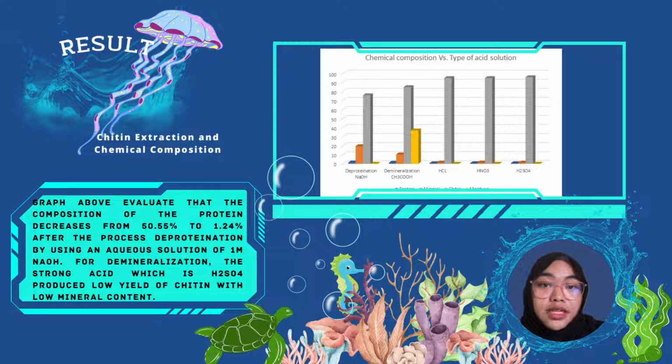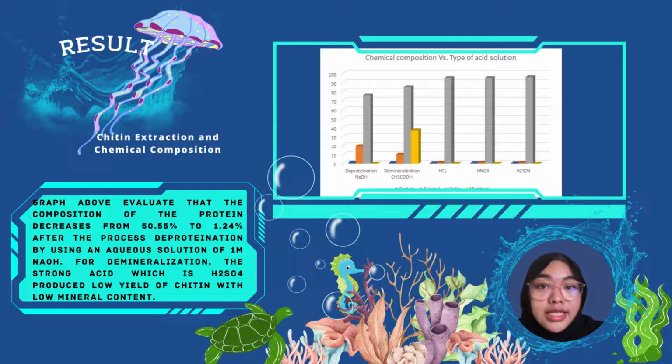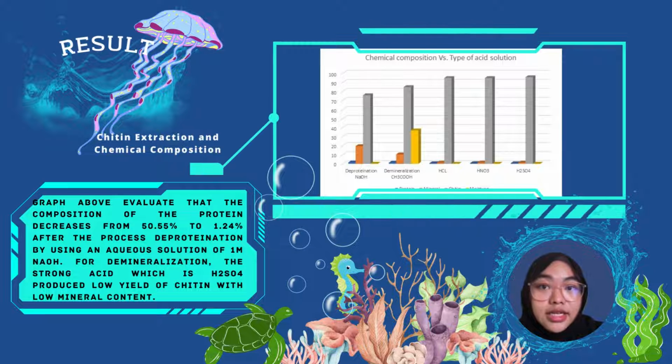Next, for the demineralization, the strong acid, which is H2SO4, produces a low yield of chitin with low mineral content. However, the weak acid, which is CH3COOH, extracts a high percentage of yield with higher mineral content. Thus, it shows that the stronger the acid, the lower the mineral content and the lower the yield of chitin.